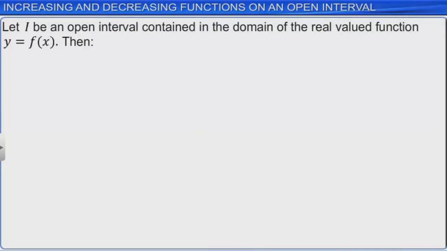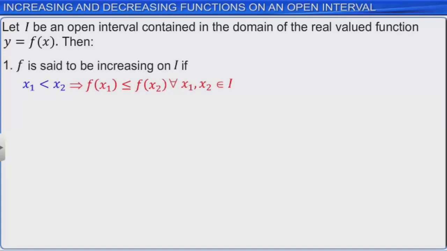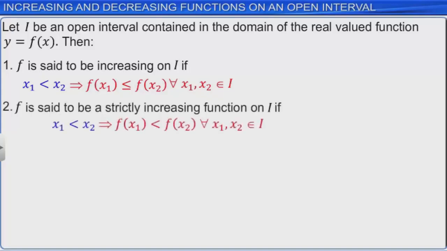Then, f is said to be an increasing function on interval I if x1 less than x2 in I, which implies that f of x1 is less than or equal to f of x2 for all x1, x2 in I. However, if f of x1 is strictly less than f of x2 for all x1 less than x2 in I, then f is said to be a strictly increasing function.